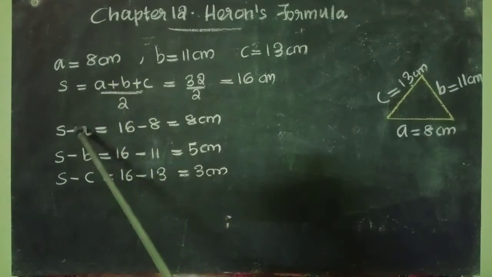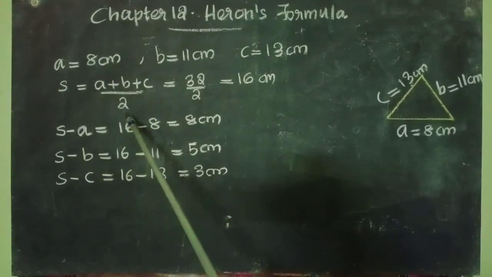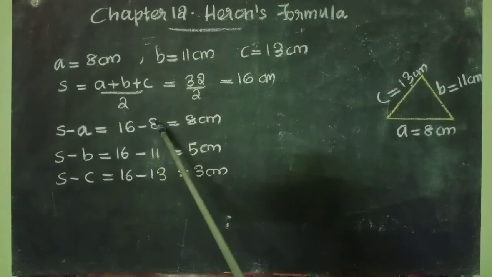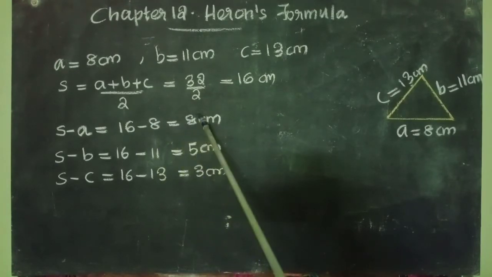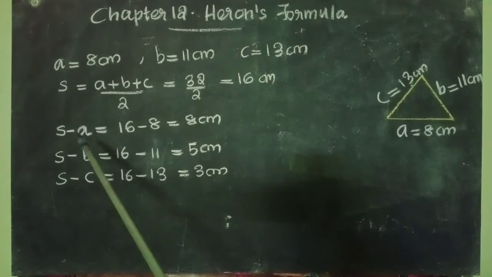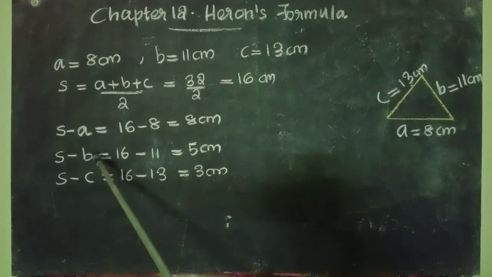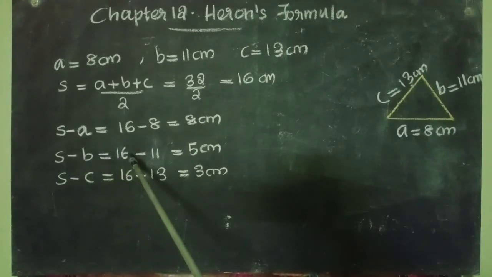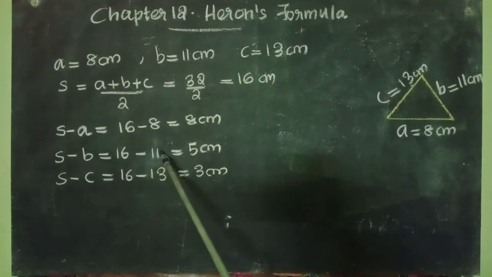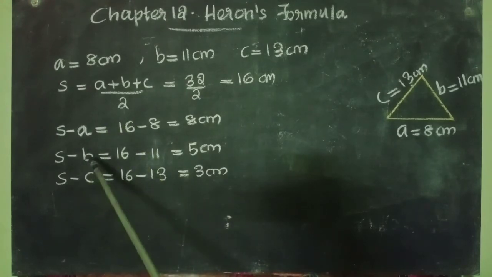So S minus A equal to 16 minus 8, that is equal to 8 cm. S minus B, that is equal to 16 minus 11 equal to 5 cm. S minus C, that is equal to 16 minus 13, that is equal to 3 cm.